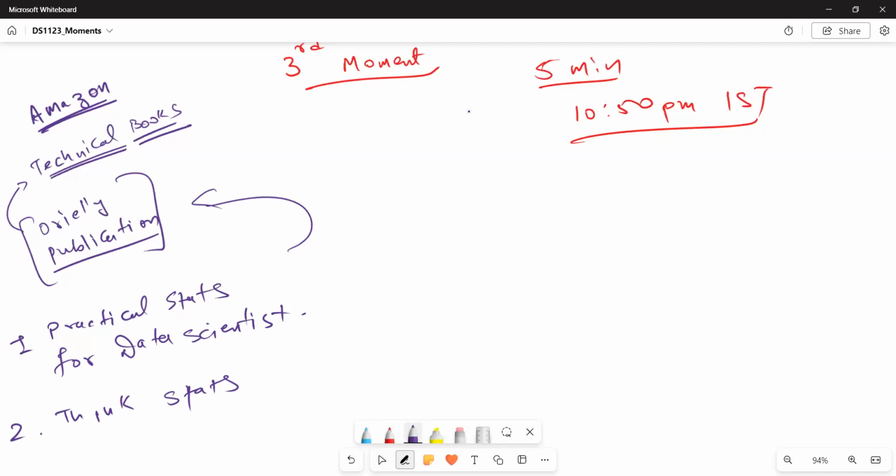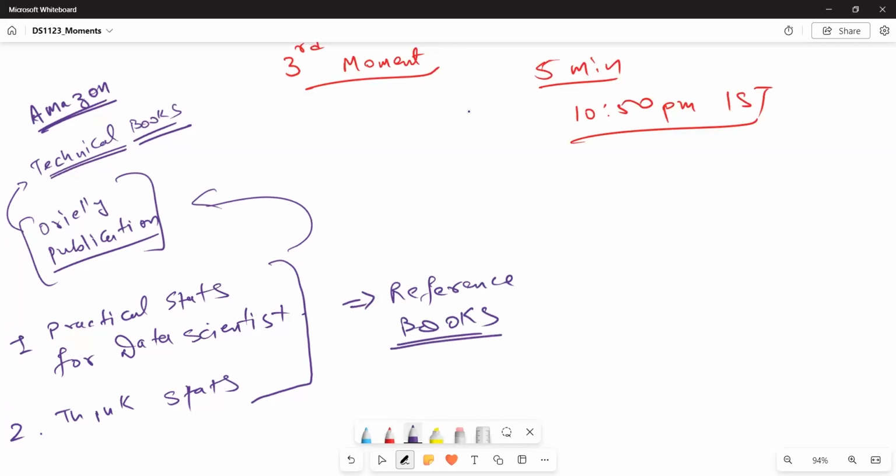And additionally, one of you here is asking, is it compulsory to buy books? It is not compulsory, as I've already mentioned. But yes, I'll suggest that if you're facing any difficulty in understanding statistics, the best resource you can use is the textbooks. These are reference books that can be used to understand statistics in a better way.